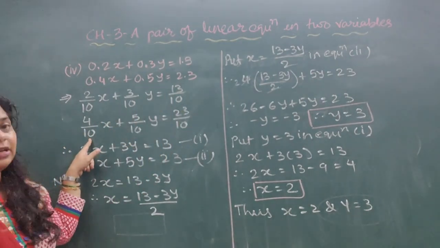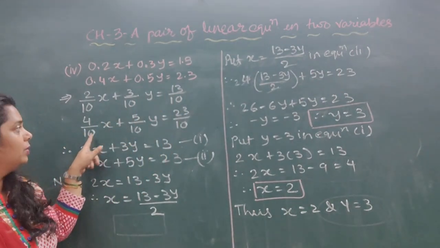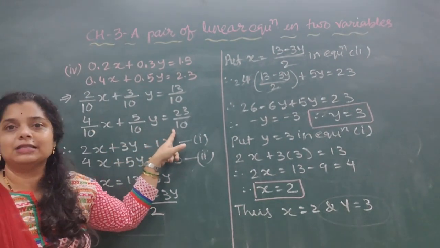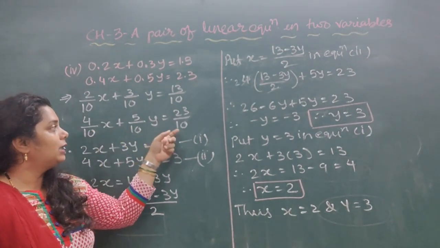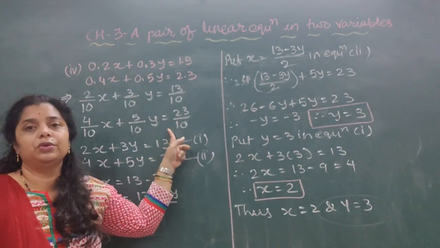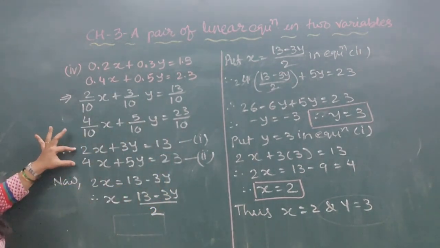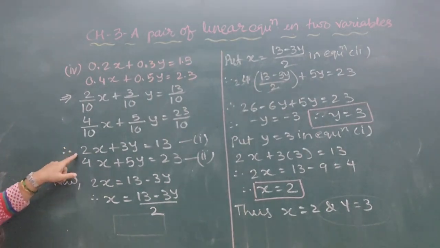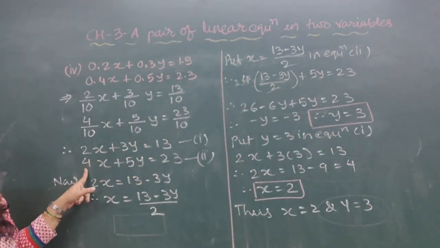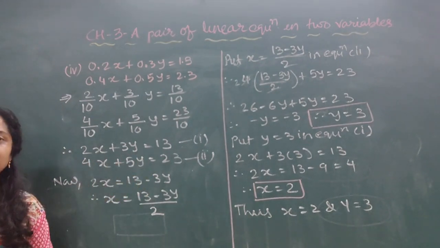In the second equation also the same thing happens. All have 10 as a denominator, so I can cancel it or remove it as a common number. Now finally I got these two equations: 2x plus 3y is equal to 13, and 4x plus 5y is equal to 23.